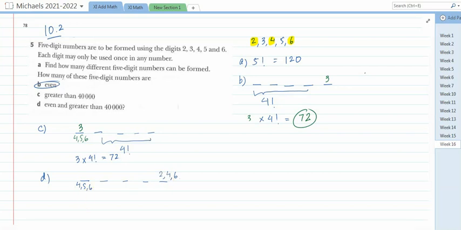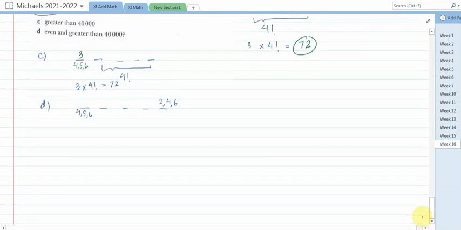So what I think is the easiest way is to make cases here, right? 1, 2, 3, 4, 5 plus 1, 2, 3, 4, 5 plus 1, 2, 3, 4, 5. Now I am going to apply the conditions for even numbers. It's 2 for an even number, it's 4 for an even number, it's 6 for an even number.